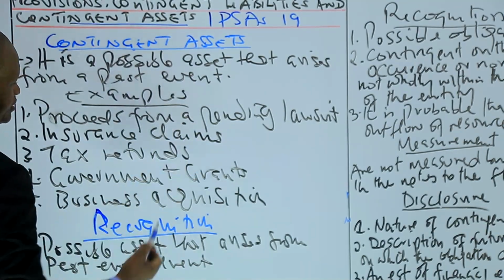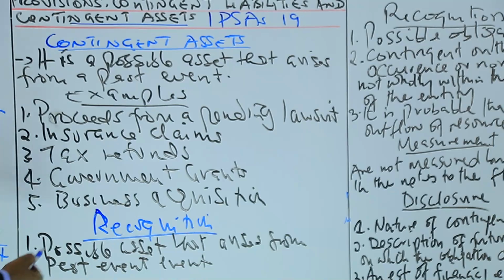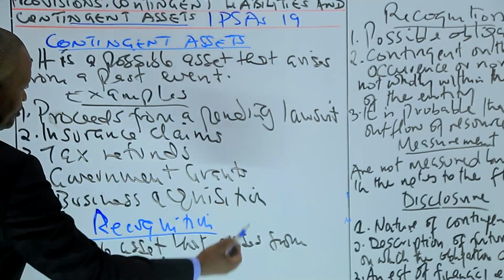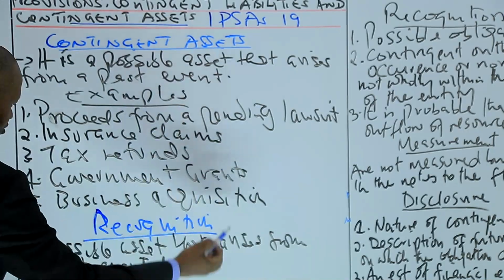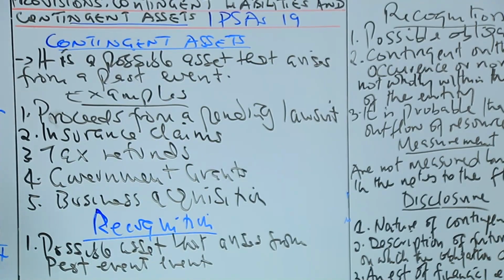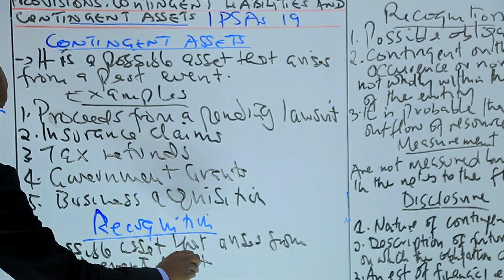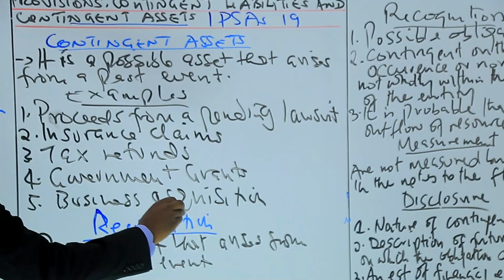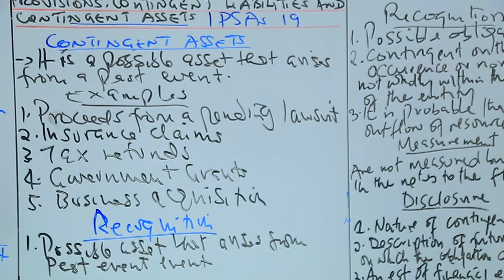Insurance claims, this is a possible asset. Tax refunds, possible assets. Government grants, possible assets. Consideration from business acquisitions, possible asset. So the first criteria is that there ought to be a possible asset that arises from a past event.